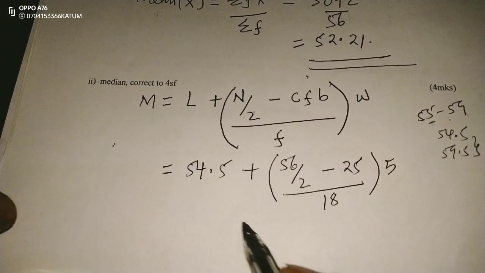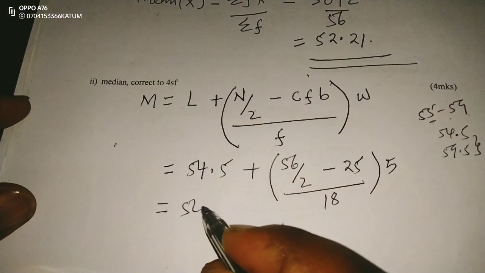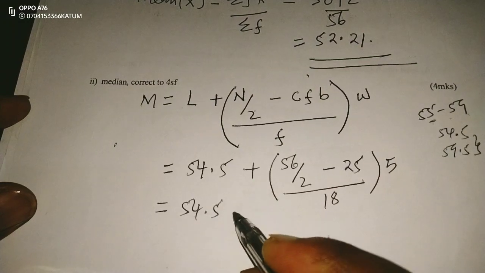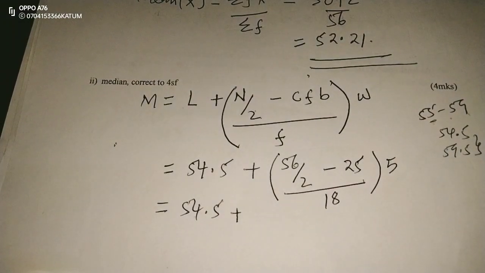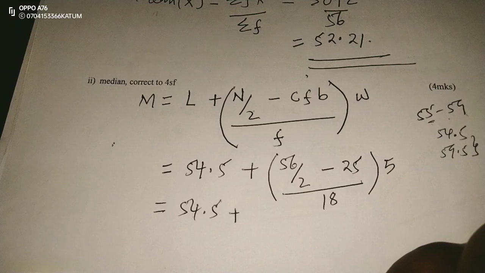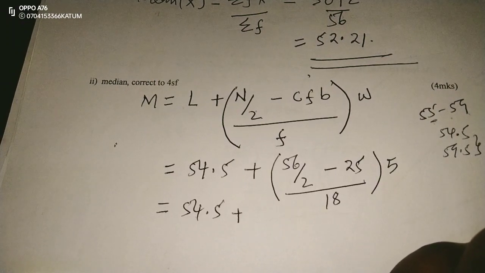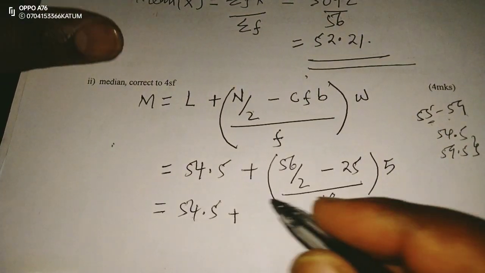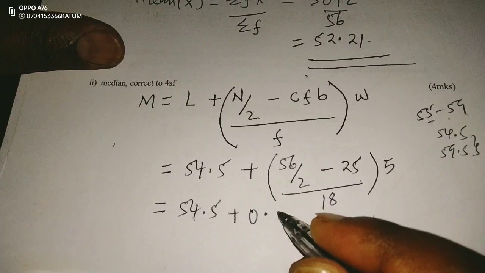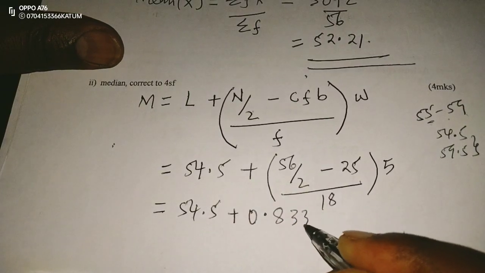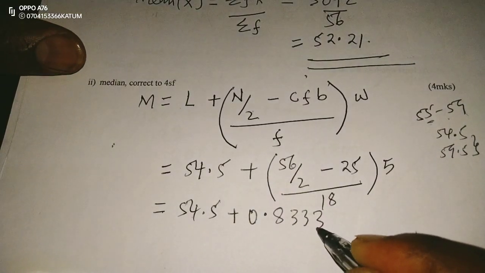Then now we can compute 54.5 plus, when we take 56 over 2, we are getting 28. We subtract 25. Then we multiply this by 5 and we divide it by 18. This will become 0.8333 recurring.